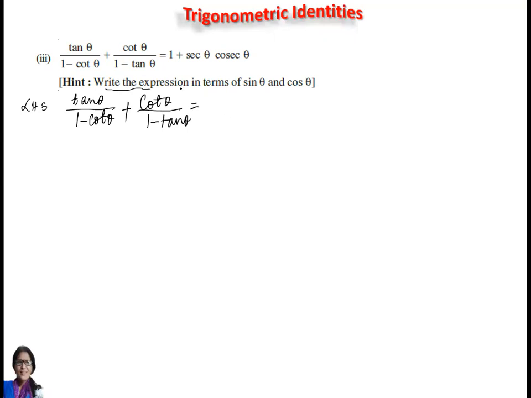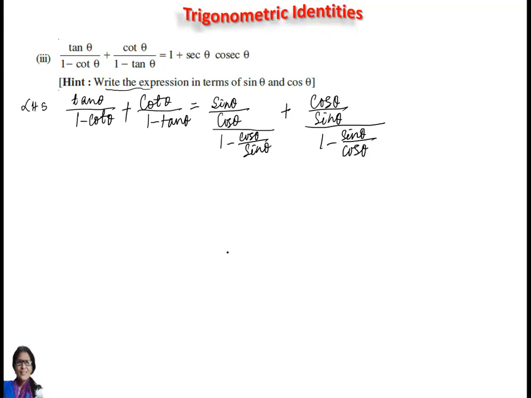As the hint is given, I'll write tan theta as sin theta by cos theta upon 1 minus cos theta by sin theta, plus cot theta as cos theta by sin theta upon 1 minus sin theta by cos theta. So you are getting a complicated expression, but have some patience and do it as you do in algebra, it will be fine.